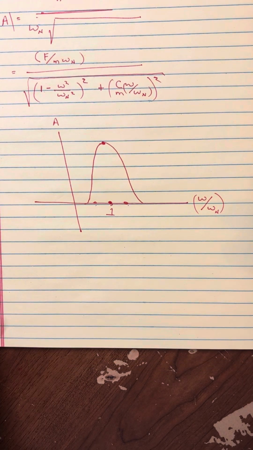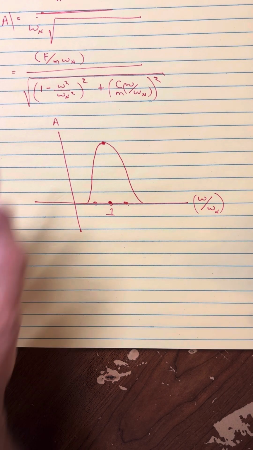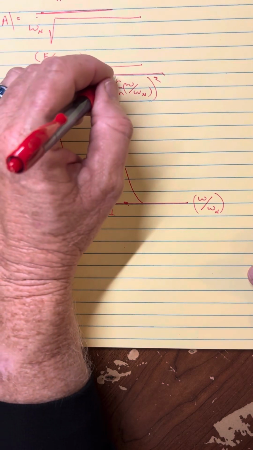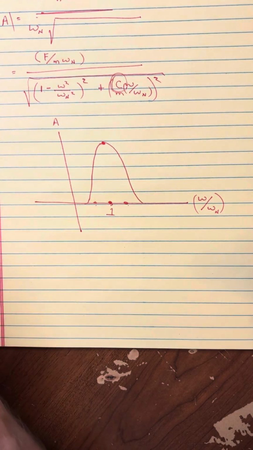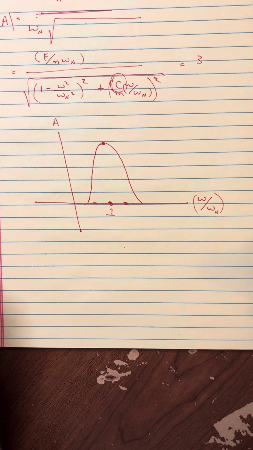Your problem then had actual numbers in it. And I think you were supposed to find out what is the value of C when your amplitude was equal to 3.